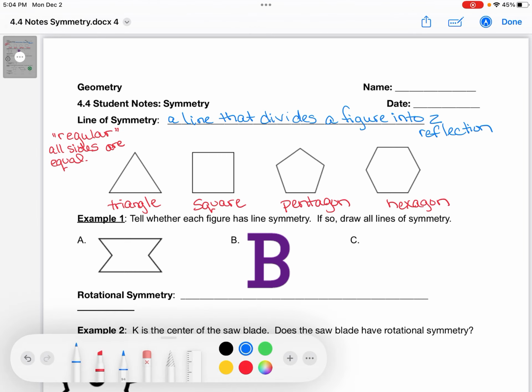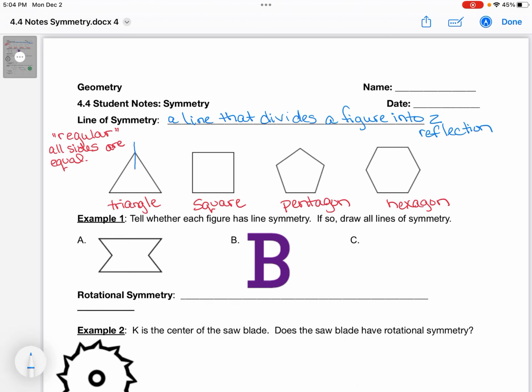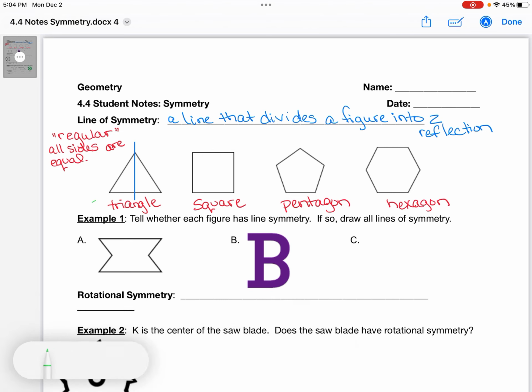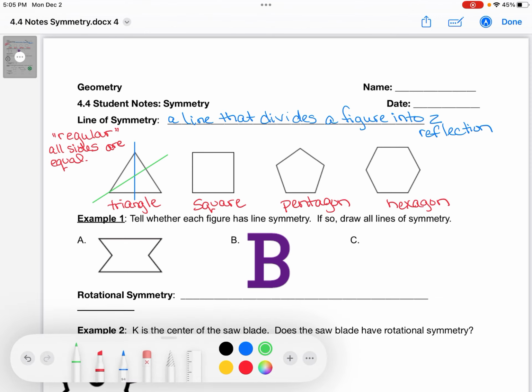So if you're looking at the triangle, think about how many lines of symmetry you think there would be. I'm pretty sure you knew there's at least one. Because this triangle has all the sides equal, you also could cut it in half that way. It's not quite in half, but you get the idea.